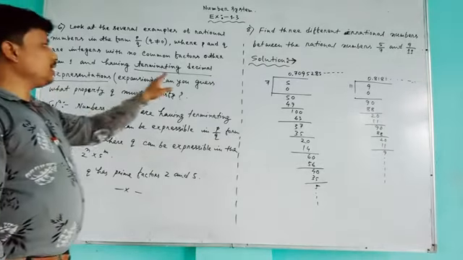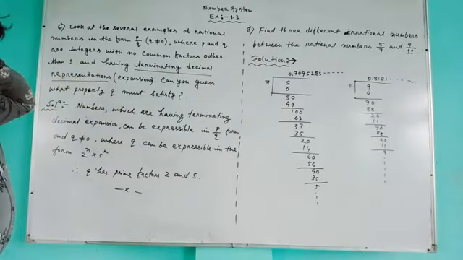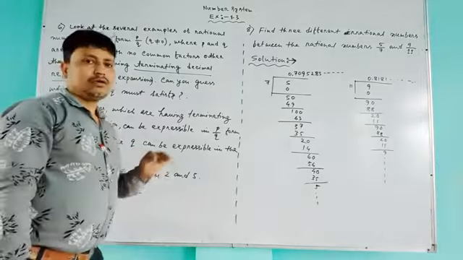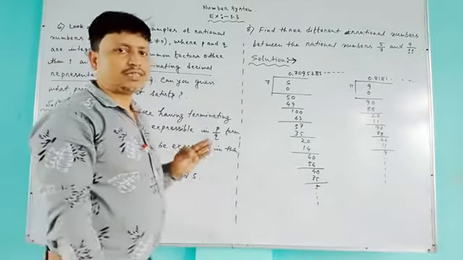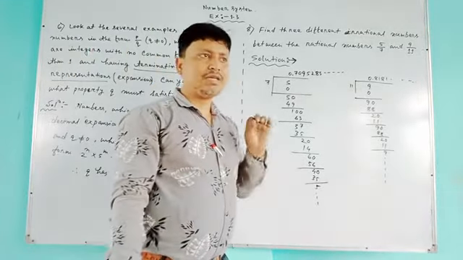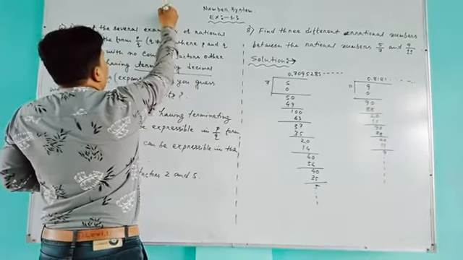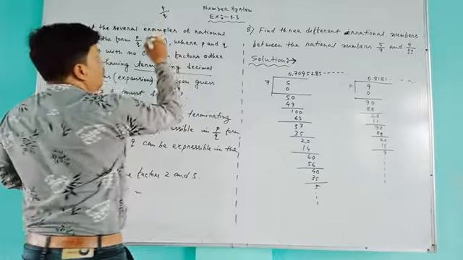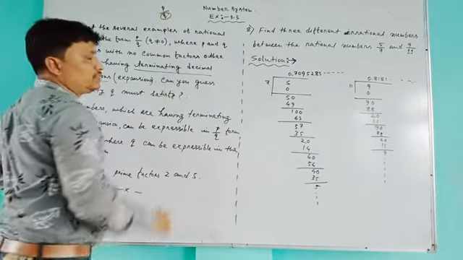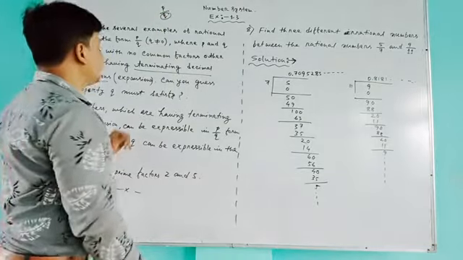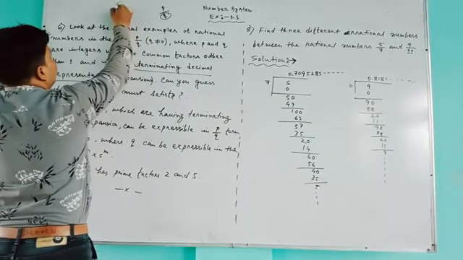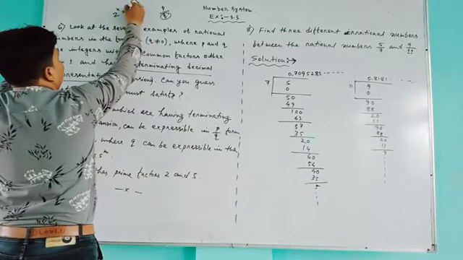So numbers which have a terminating decimal expansion, you can express those numbers in p by q form, and q, that means the denominator, is expressible in the form of 2 to the power n into 5 to the power n.